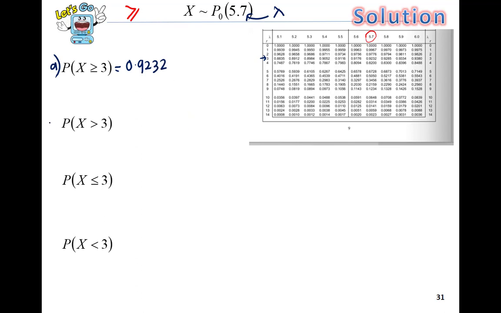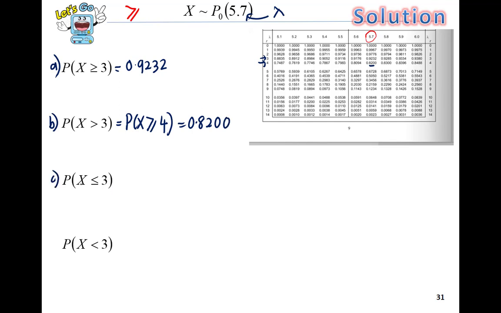Question B, the notation is greater than 3, which means we look at the probability of X greater than or equal to 4. Our r equals 4, the probability will be 0.8200.